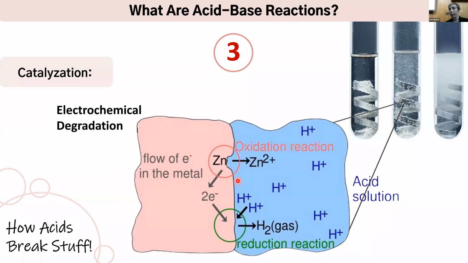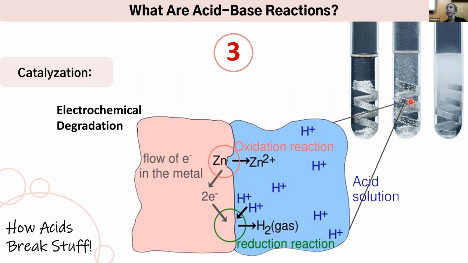The zinc, in turn, those electrons are what was holding the zinc together. The zinc ions are then like, well, there's nothing holding us together anymore, goodbye. So these are dissolving into solution at the same time. This is an example right here of zinc being put into an acidic solution. You can see right here in the middle, you have a lot of bubbles that are forming.